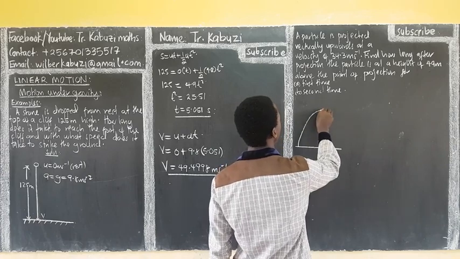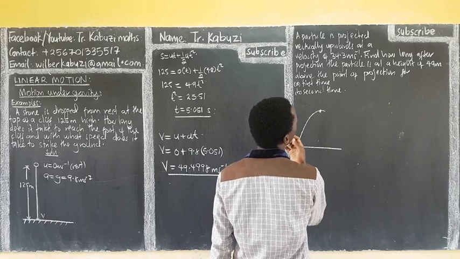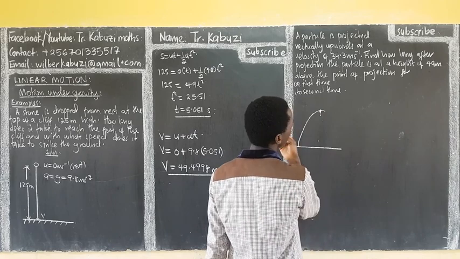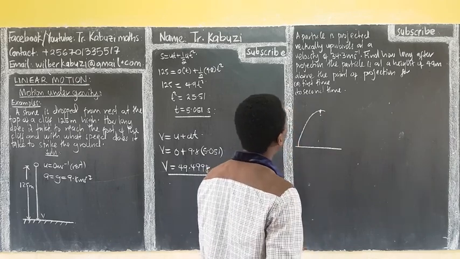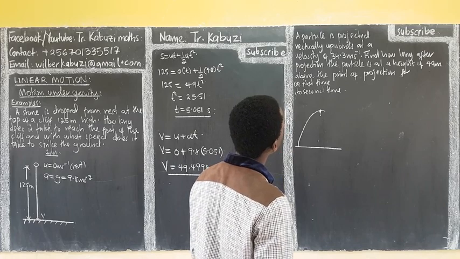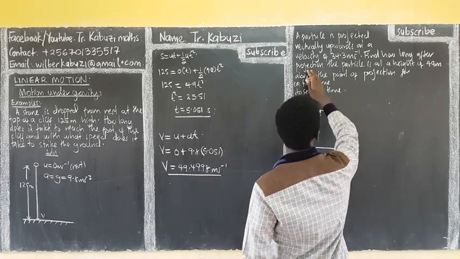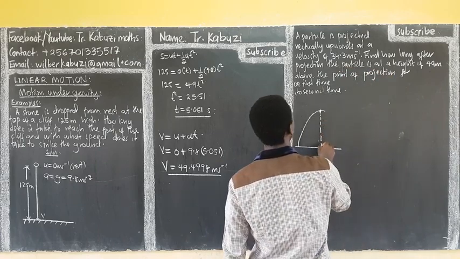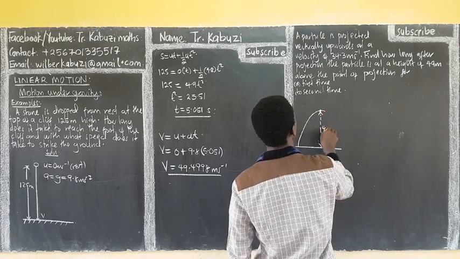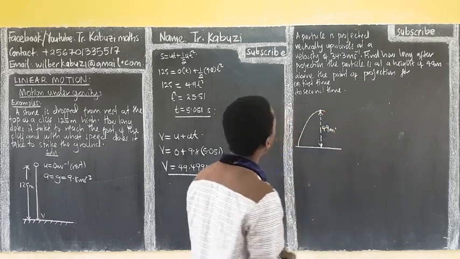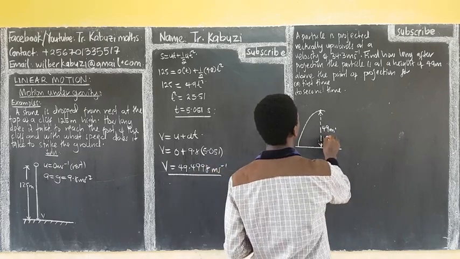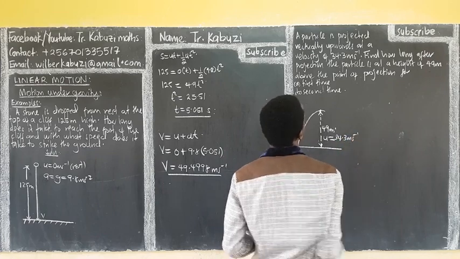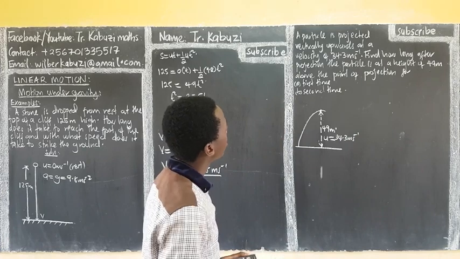So let me call this height 49 meters. Remember, it was projected, so our initial velocity u is 34.3 meters per second. And so, that's all we have.